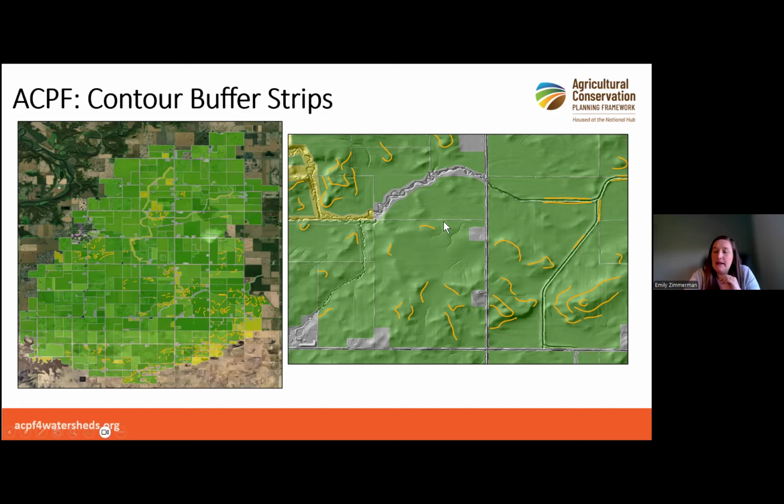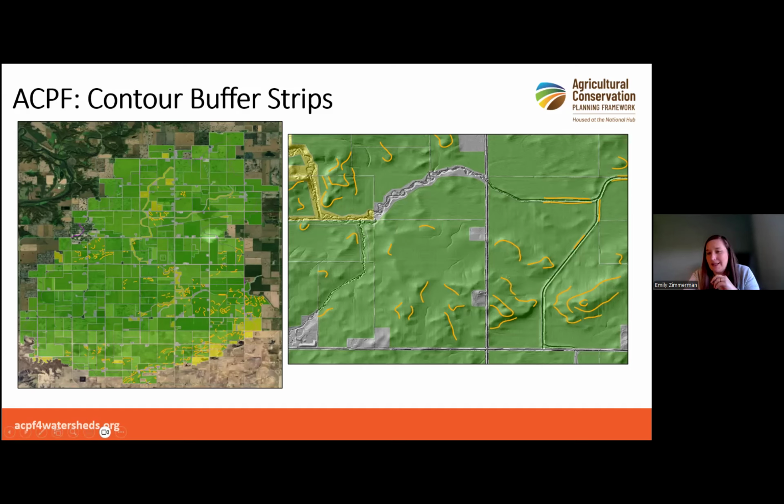This is a zoomed in version of that. So same land use coloration, green row crop, yellow pasture, gray non-agricultural, but the hill shade is turned on. So you can actually start to see where some of those contours are happening.